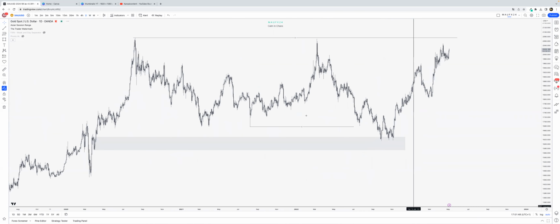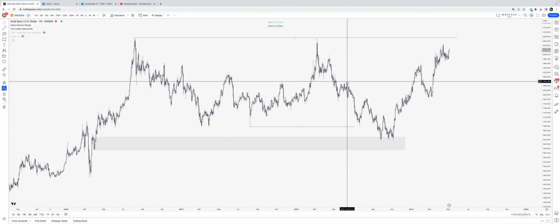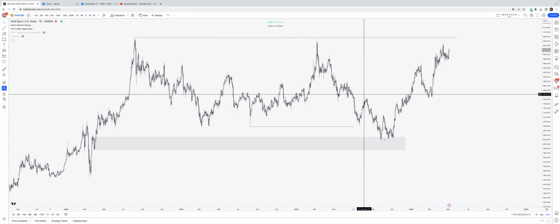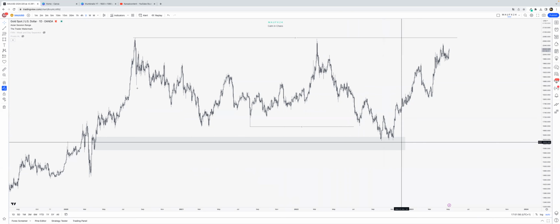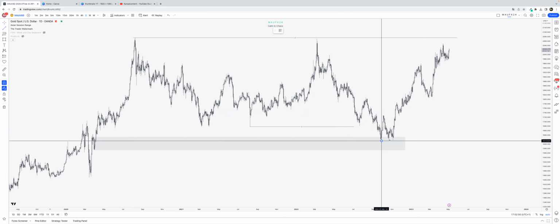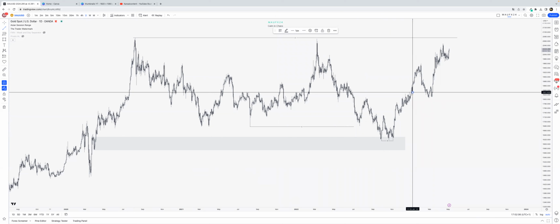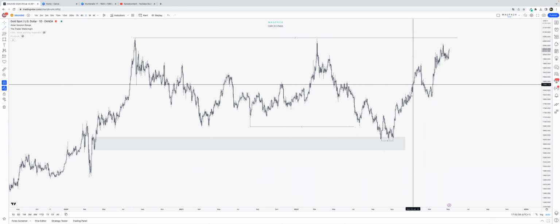Daily wise, we can see we had bearish structure from here: high, low, lower high, lower low. Then we have some liquidity building up over here. We took some liquidity over here.